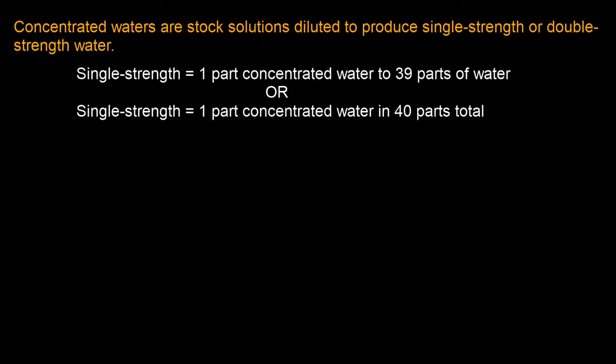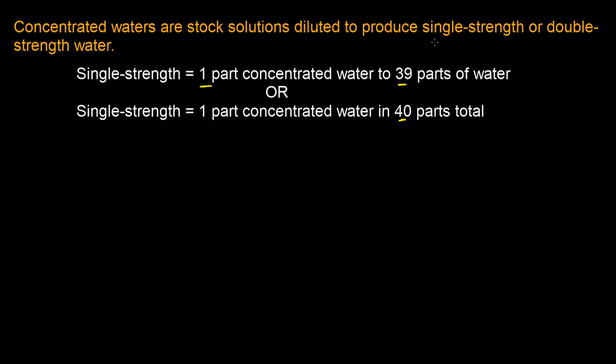You get that 40 by adding the 1 to the 39, and you end up with a total of 40. So that's where this 40 is coming from. So 1 part in 40 milliliters, 1 mL of concentrated water in 40 milliliters total, is another way to capture the single strength.